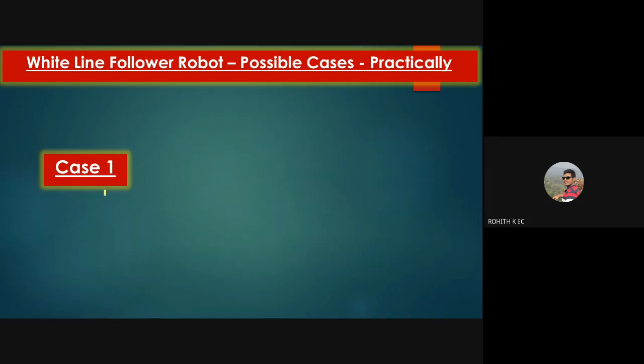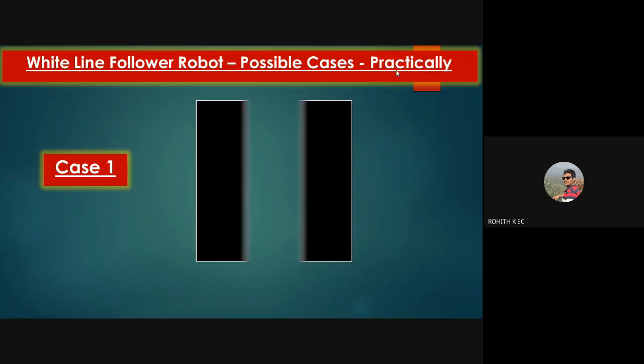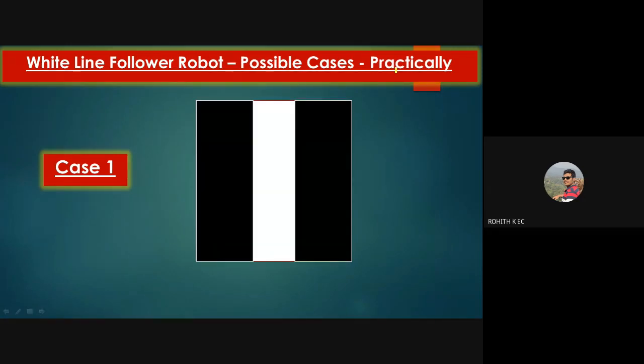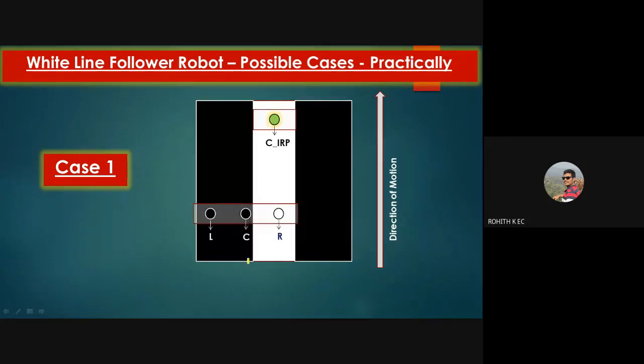Okay. Now in case 1, I've already discussed the possible cases conceptually. I want you to give me the answers on what actions we should take based on the values that you see. Okay, so now there is no obstacle, and these are the values detected by our white line sensor.